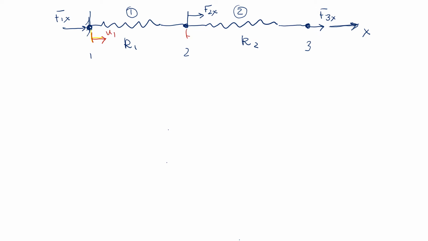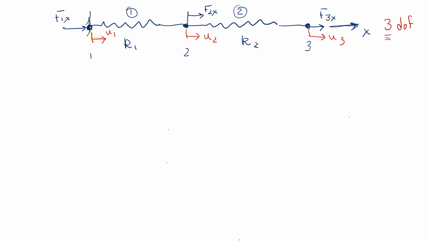At node 2, I'm going to have the degree of freedom U2, and at node 3, I'm going to have a degree of freedom U3. So we can see here that for the entire system, we have 3 degrees of freedom. And this is important because, as we're going to see, the global stiffness matrix is going to be of order 3 by 3 based on these 3 degrees of freedom.